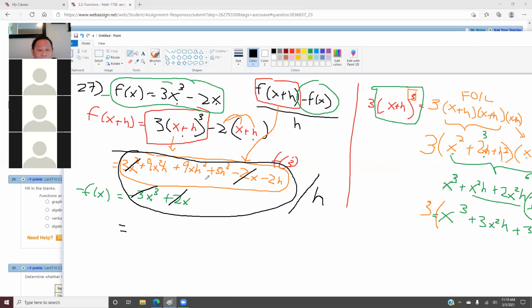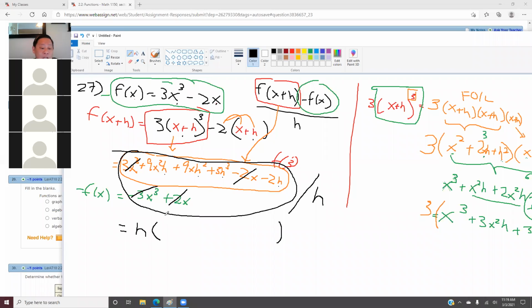So the leftovers, which are 9x squared h, 9xh squared, 3h cubed and minus 2h, you find out they all have h terms in them. So when you finish canceling, you notice the leftovers all have an h term. So you can factor the h out.